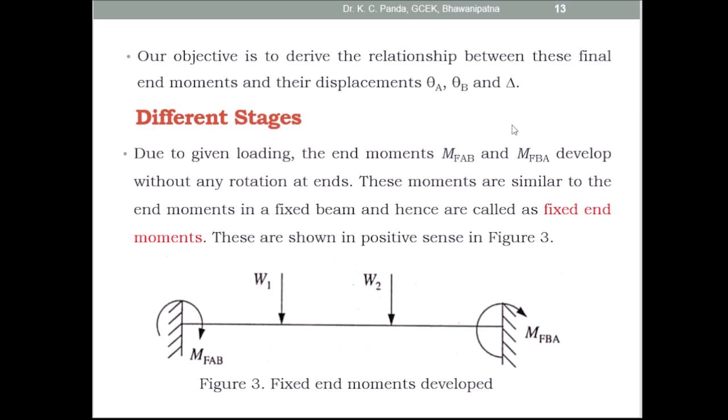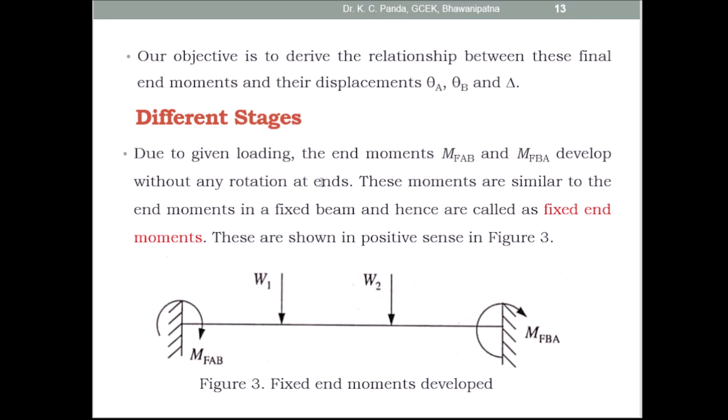So here we will find the relation between the final moment and the rotational and translational displacement. There are different stages to find the final moment: first the moment due to the transverse loading as fixed end moments, then the moment due to the translation displacement, then the moment due to the rotational displacement.